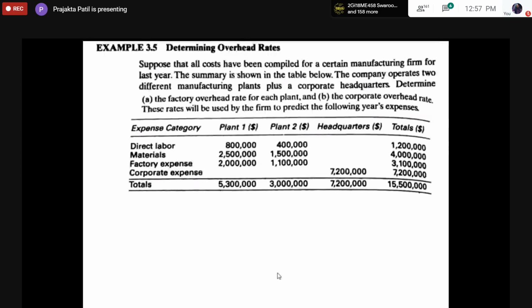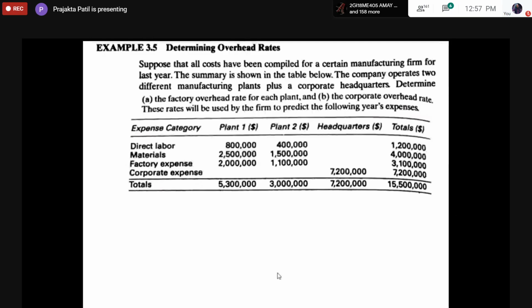Can you tell me what is the equation for factory overhead rate? It is annual factory overhead cost divided by direct labor cost.